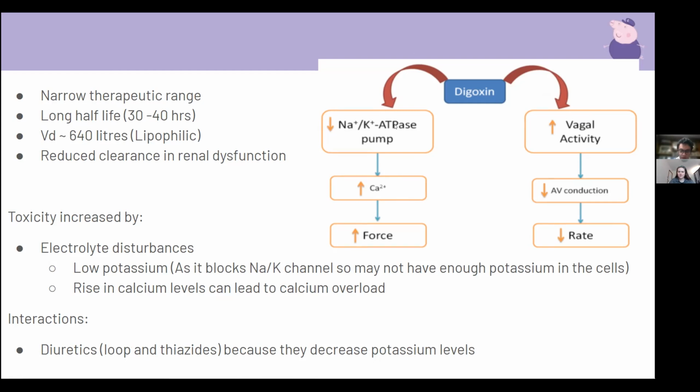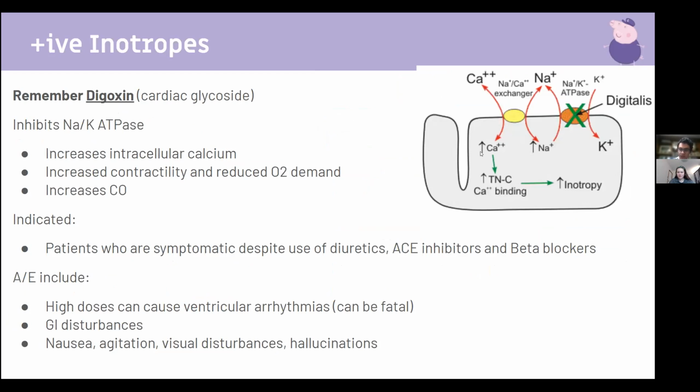How does digoxin cause decreased oxygen demand? All you need to know is if you block this pump, you have increased calcium. If you have increased calcium, it's contracting much easier.